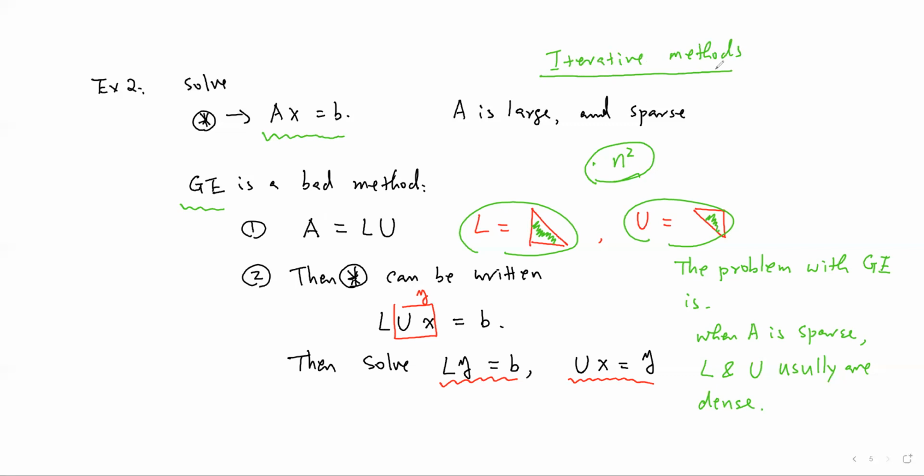In industry, we usually use iterative methods to solve a linear system. The storage requirement is cheap. We just need to store the sparse matrix and a few vectors. That's it. In this topic 1, I showed you two examples of bad and good methods.